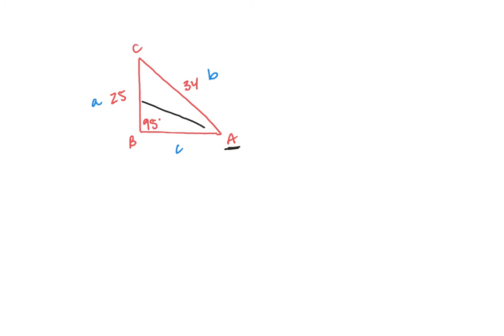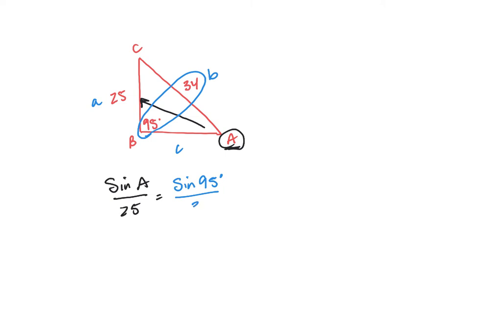So I know I'm going to use these two. I'm looking for the angle, so I could say the sine of A over 25 is going to equal, now the only other one that I have information on that is opposite is B, so that's one I'm going to have to use. Sine of 95 over 34.